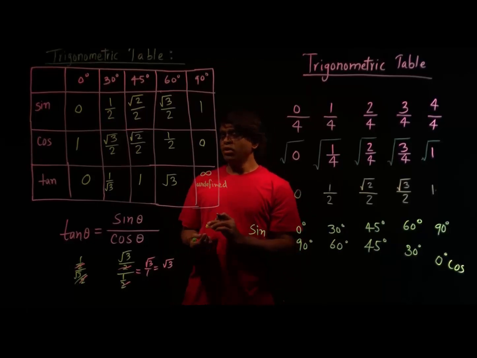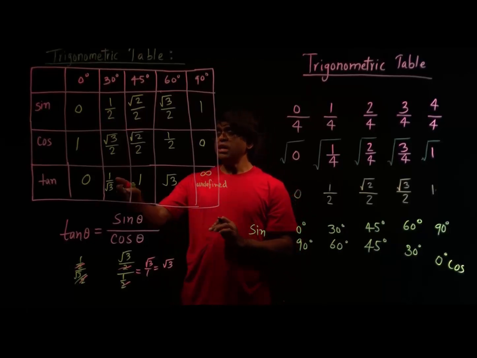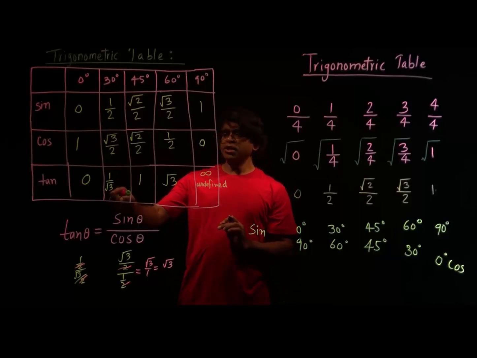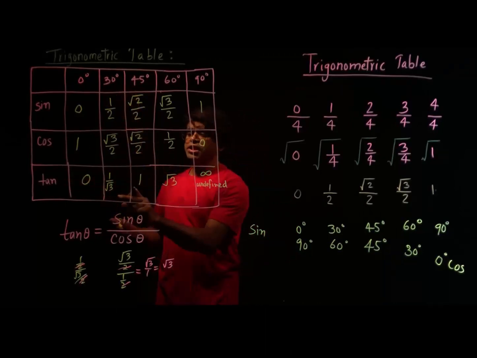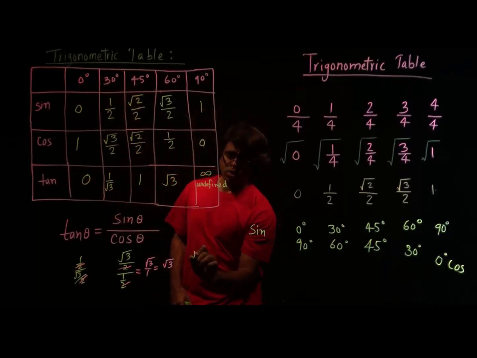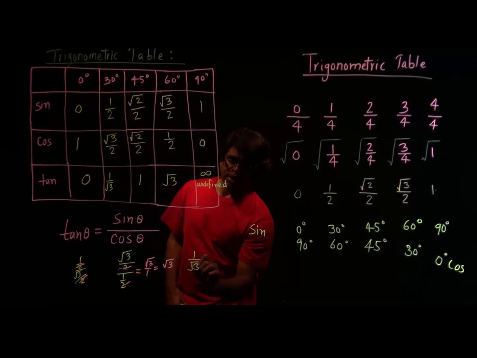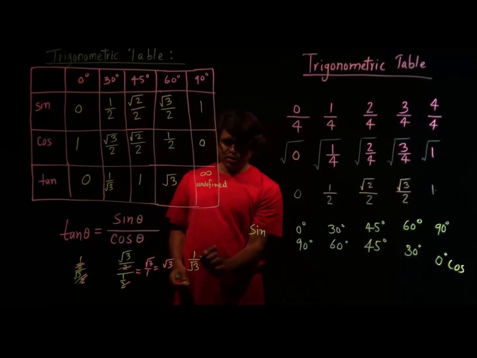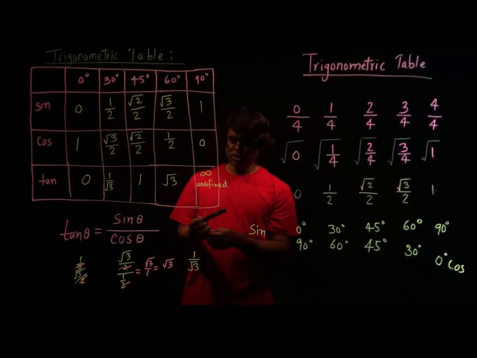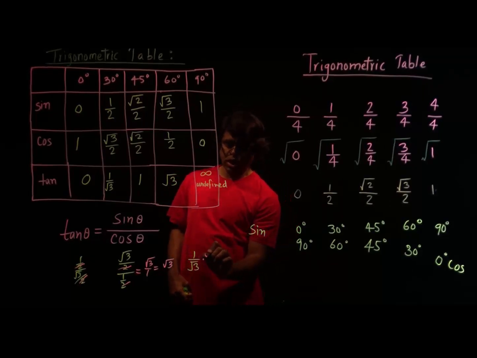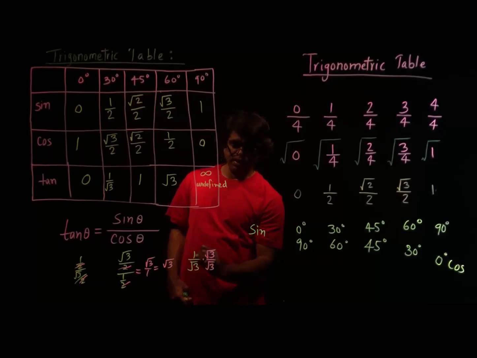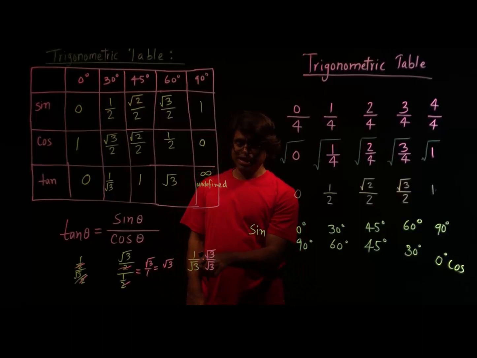One more thing I want to say: we don't leave the irrational number in the denominator. For tangent 30 degree, I have 1 over root 3, and I cannot leave an irrational number in the denominator. So I want to get rid of it. What I'm going to do is multiply numerator and denominator by the same number, root 3.